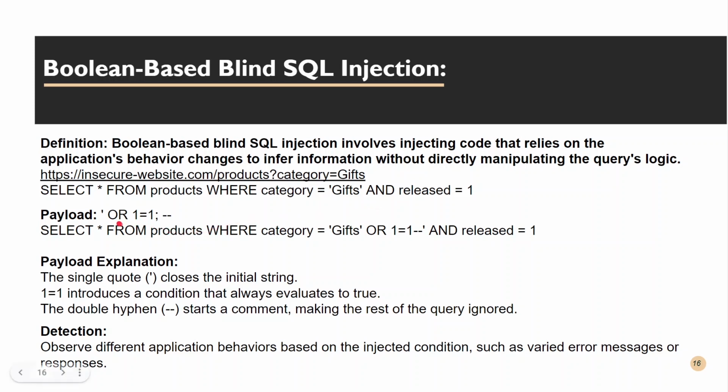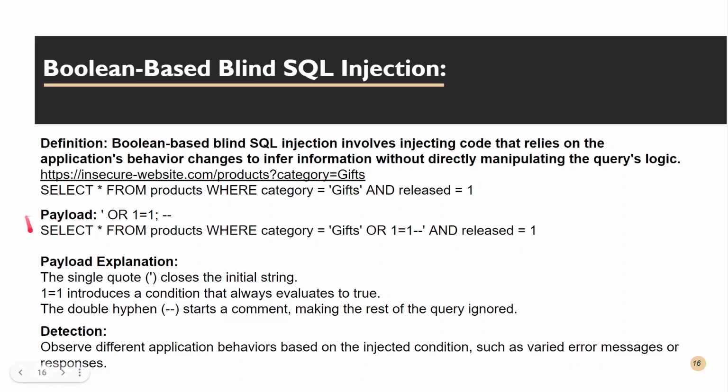Now the payload we are going to send is going to look like the classic payload we sent earlier, which is going to be a single quote to close the initial string within the application. Then we are going to have the logical operator 1 equals to 1, which is a statement that always evaluates to true. Then we're going to have a double hyphen to comment out other part of the query.